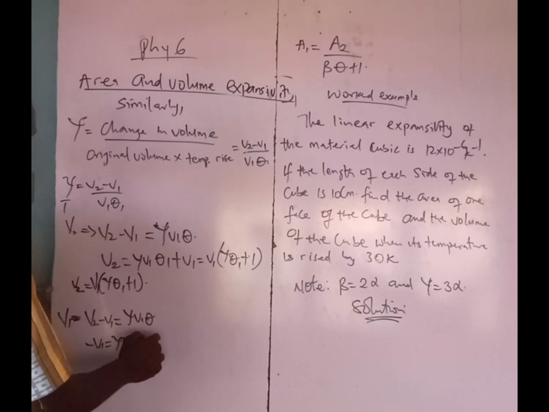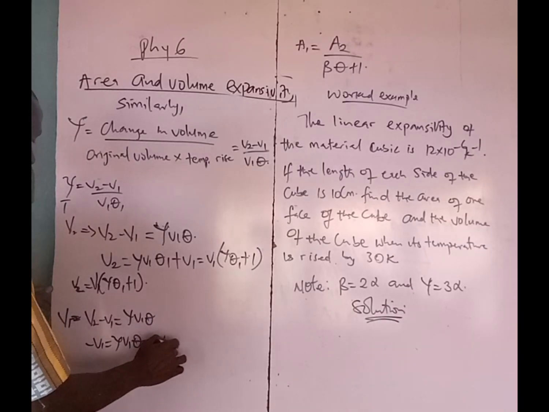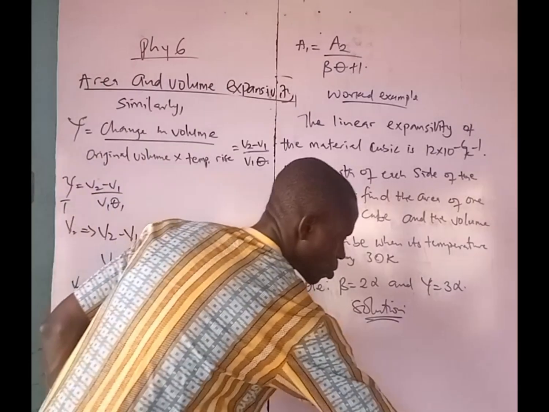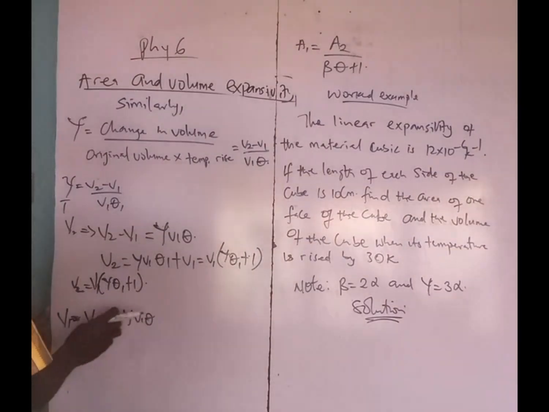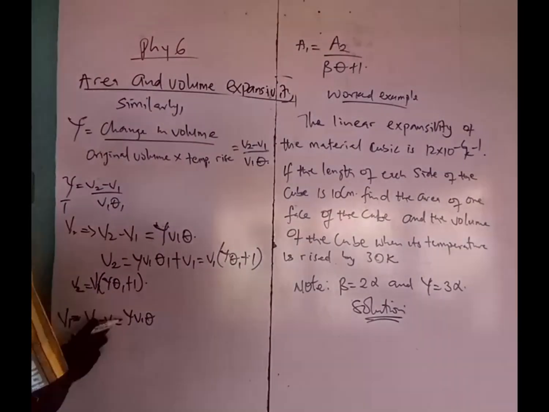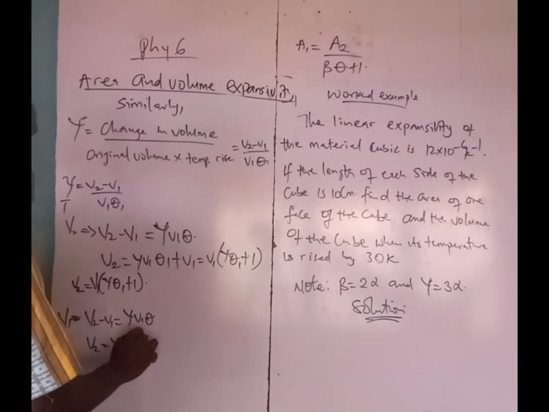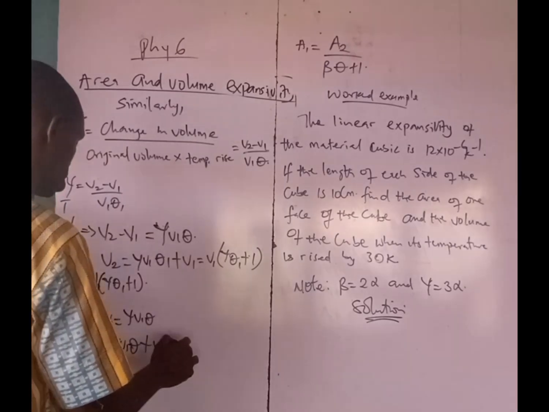Then minus volume 2. Oh, sorry. This one has V1, so let V1 cross. V2 will be this V1 theta plus V1. So collect this one, factorize.